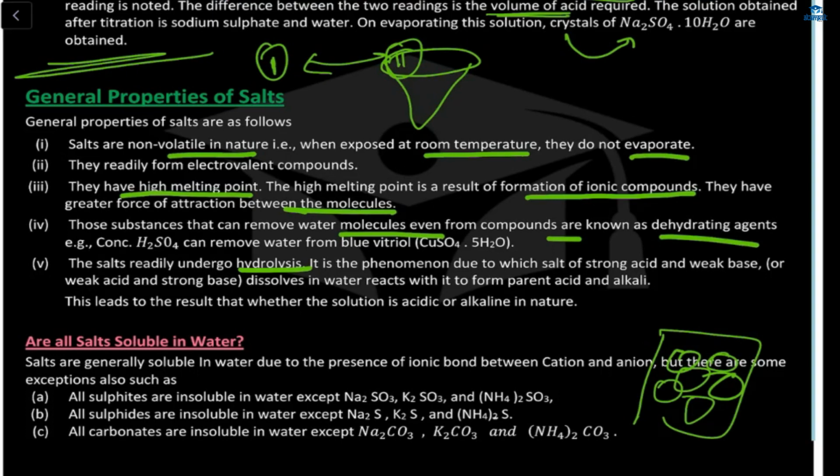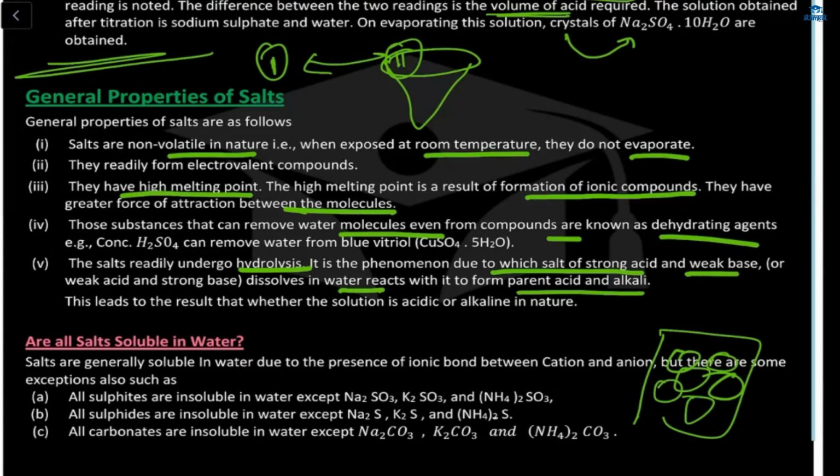Hydrolysis is a phenomenon due to which the salt of a strong acid and a weak base dissolves in water and reacts with it to form a parent acid and alkali. So basically, hydrolysis is a form of chemical reaction where water is mostly used to break some of the chemical bonds which exist in that particular substance.